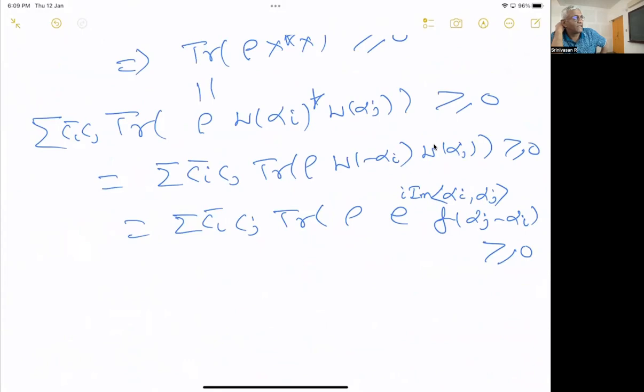W of alpha I, which is minus alpha I and alpha j, and which is going to be alpha j minus alpha I, and e power minus of imaginary part of alpha I alpha j. And minus will come out of the imaginary inner product. Okay. Imaginary part. So this is okay.